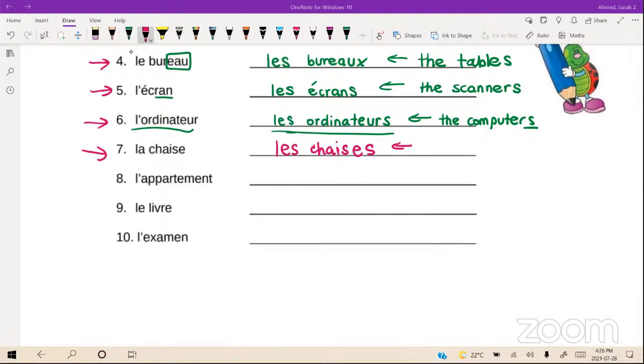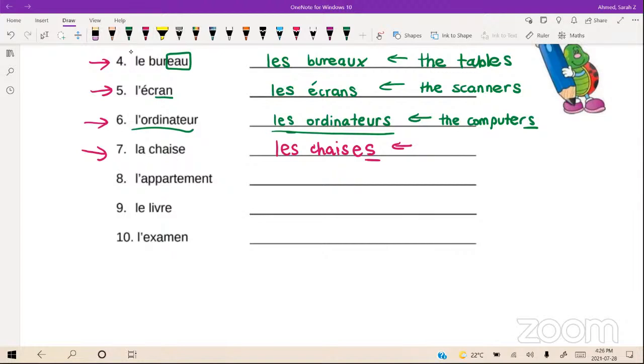Okay, so when you say it, you don't hear the S at the end, but with spelling, of course, plural S at the end. And what does this mean? Les chaises. Okay, so la chaise means the chair.